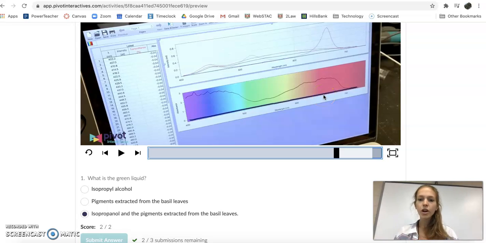So if you didn't already know, different colors of light have different wavelengths, which is literally saying that light is like a wave, and some colors of light have big waves, and some colors of light have little waves. So the length of the wave is specific to the color of light.